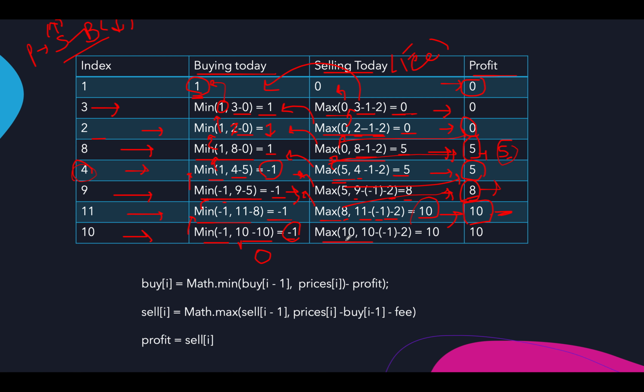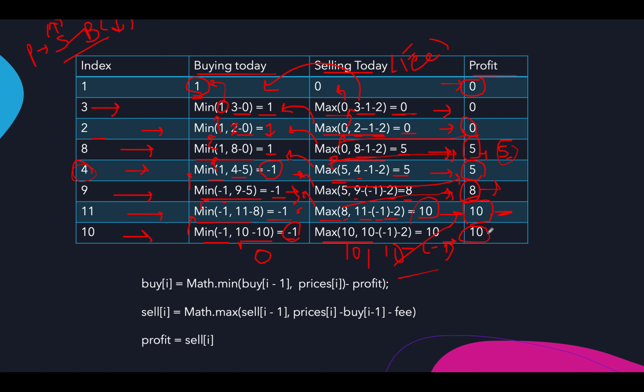The previous profit was 10, so 10 comma, if you are selling today, 10 minus the previous day buying factor minus 1 is 10 plus 1 is 11, minus 2 is 10, so the maximum of 10 comma 10 is 10 itself. The value for profit becomes 10.